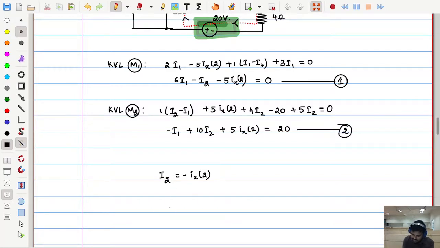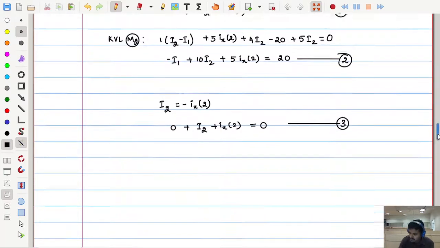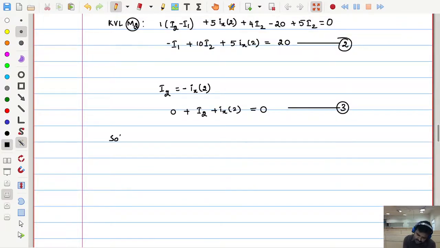And you can rearrange this equation also. So I1 coefficient is 0, plus I2 coefficient is 1, plus Ix2 is equal to 0. This is equation number 3. Just solve these three equations using a calculator. Solve 1, 2 and 3.